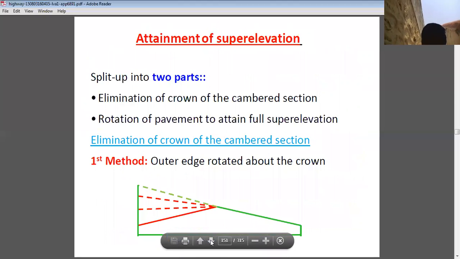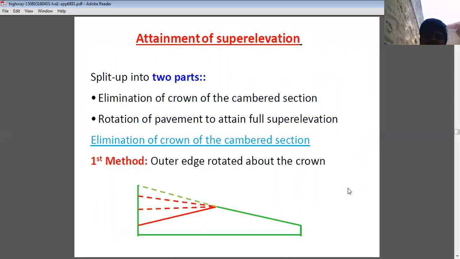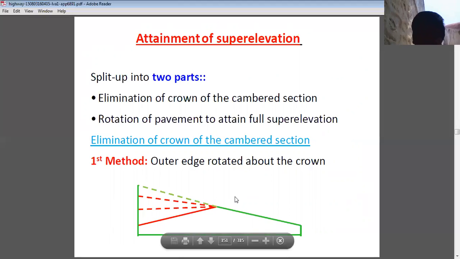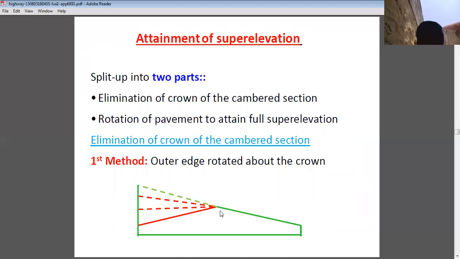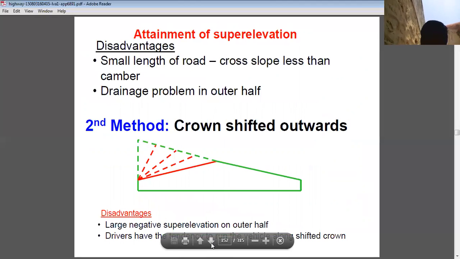Attainment of super elevation is split into two parts: elimination of the crown of the cambered section, and rotation of the pavement to attain full super elevation. Elimination of the crown of the cambered section, first method: the outer edge is rotated above the crown to provide the super elevation.